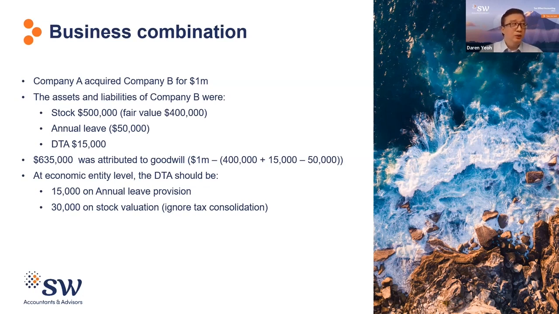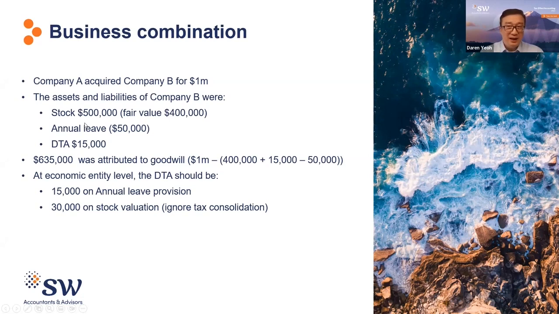So let's calculate the goodwill. Company A paid 1 million, minus the net assets, being the fair value of the stock, add the deferred tax asset, minus the provision for annual leave, which gives rise to a goodwill of 635,000. Note that company B has a DTA of 15,000 on the annual leave provision.